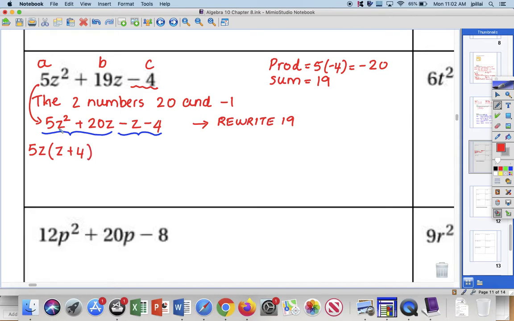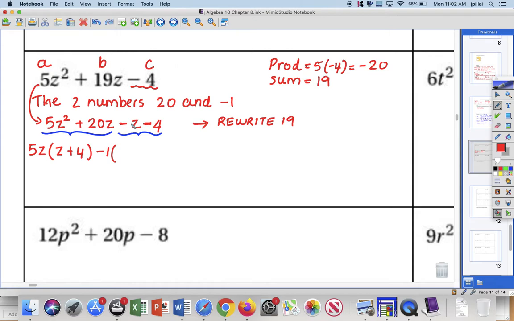When you factor out a 5z, you get a z over here, and from this term you get a 4. Then over here, negative z and minus 4. If it was a regular z and 4, the common factor is 1. But now both are negative, therefore the common factor is going to be negative 1.